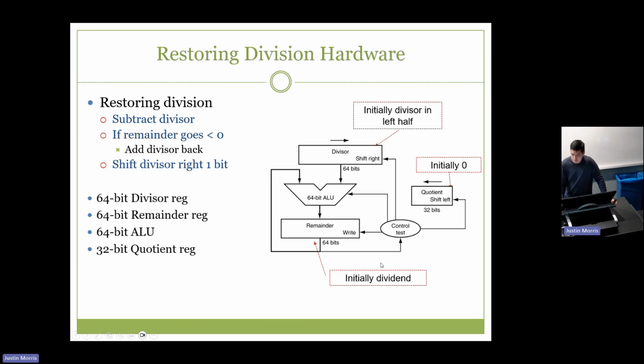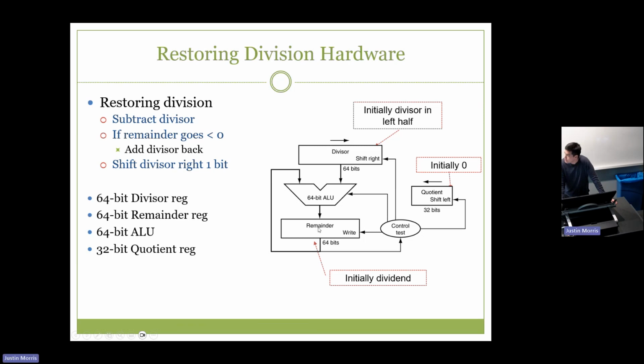Again, this is the simple hardware version. We have our divisor. It's initially in the left half over here. This is our quotient, where we're going to be adding all of our bits. And our remainder is where our dividend is.